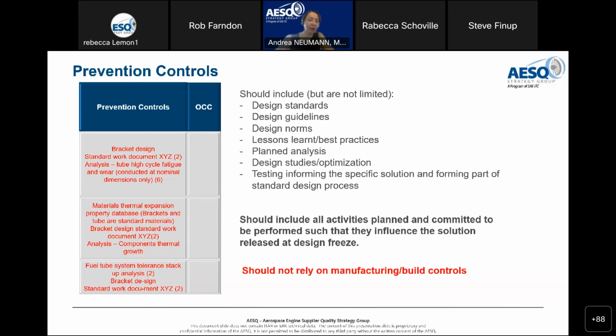Also, one mistake which is sometimes made is that the prevention controls should not rely on manufacturing and build controls. When you think about the slides we discussed before, it's clear that when you talk about design failures and causes which can be produced in the design, you cannot find this failure in manufacturing or build controls because the failure is already in the design.